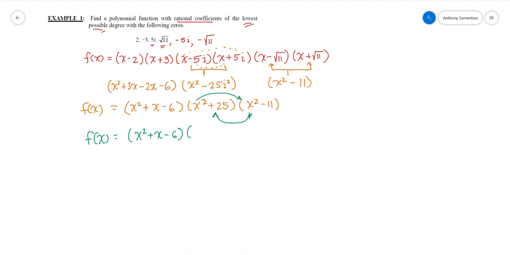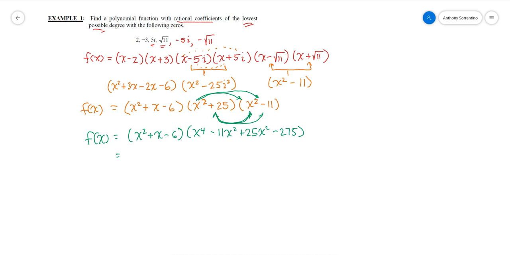x squared times x squared is x to the 4th. x squared times a negative 11 is a minus 11x squared. 25 times x squared is a plus 25x squared. And 25 times a negative 11 is going to give me a minus, whatever 25 times 11 is, 275.